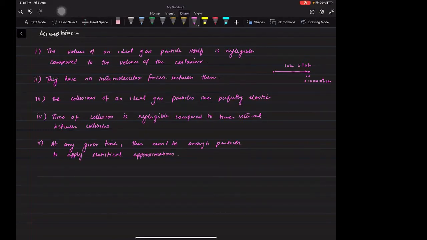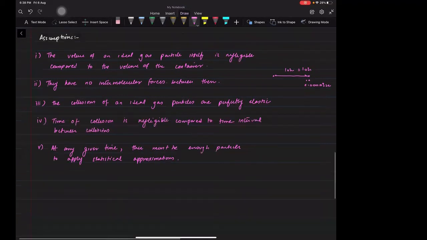So you can apply math to them without feeling there are very few particles. There should be many particles. Okay, is it clear, मेरे बच्चों? You लिख लो, then I'll show you what type of questions are going to come from these.